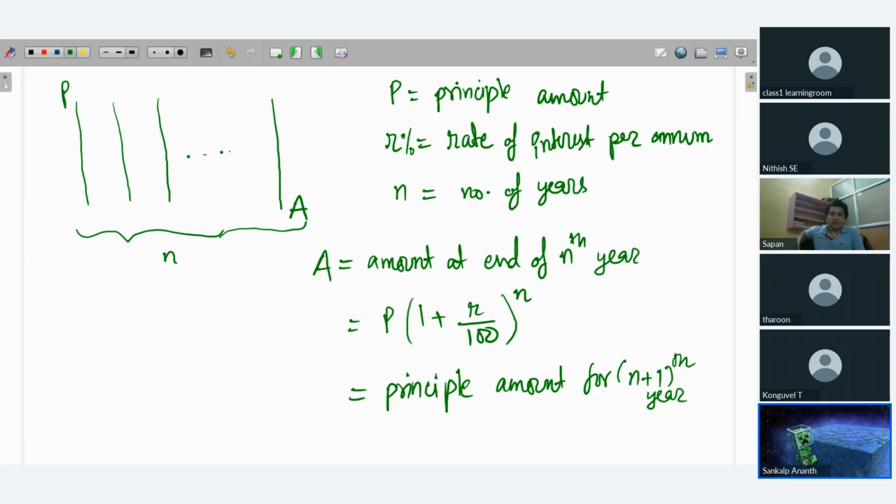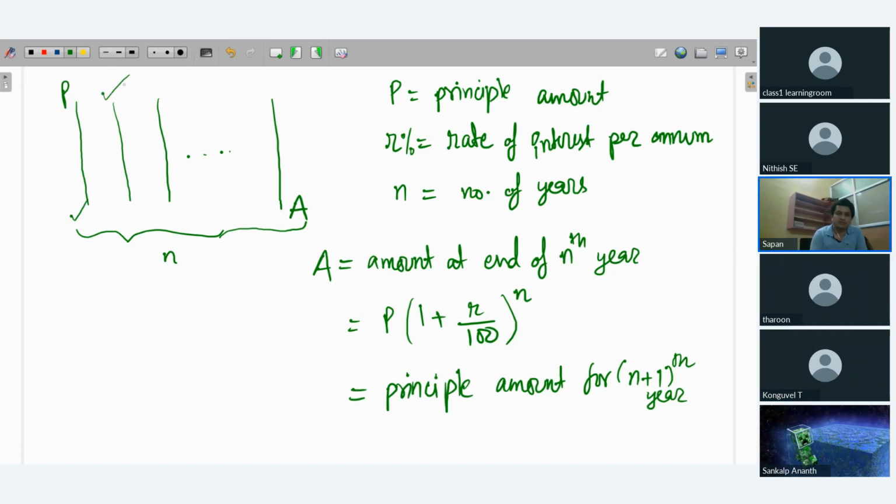Now, if you want to ask why this formula has come, there is a reason behind that also. You physically go the hard way and find the amount for the first year.